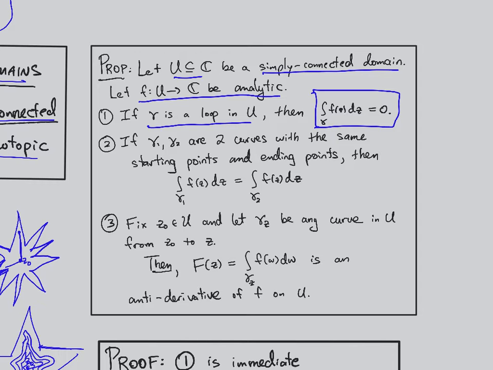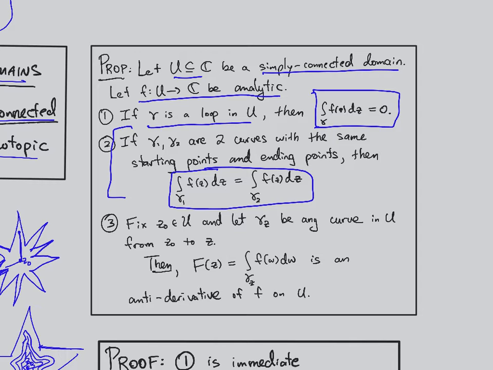Well, we already said that if it's simply connected, every loop is null homotopic, so this integral has to be 0. So there's nothing to explain there. If I have two curves with the same starting points and the same ending points, then the integrals are the same. And we'll see that explained in a second.